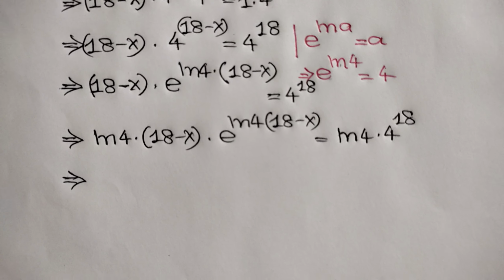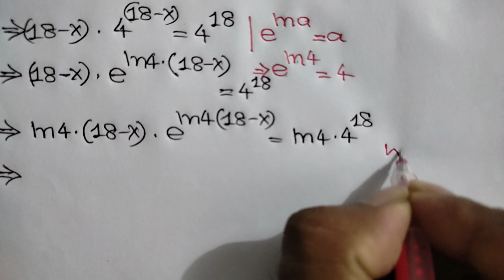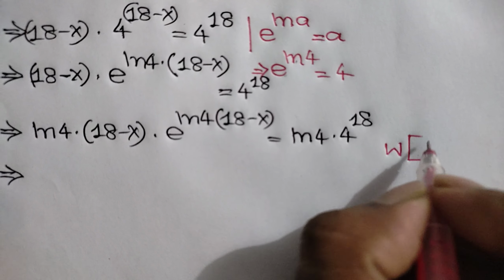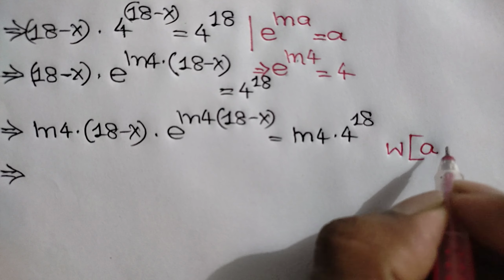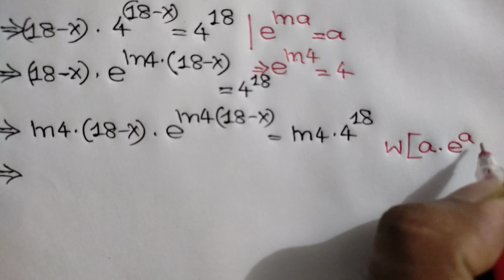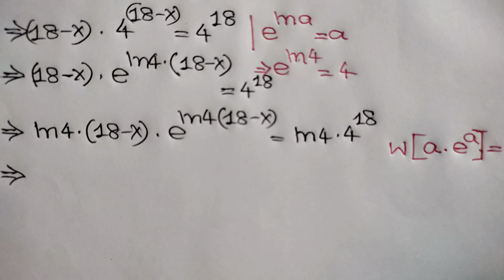We know that the Lambert W function: W of a times e to the power a is equal to a.